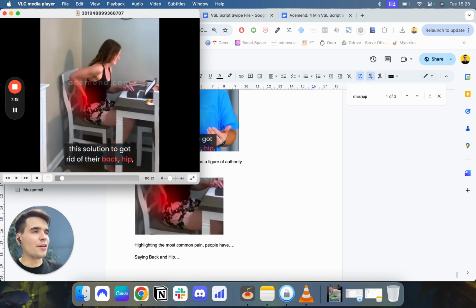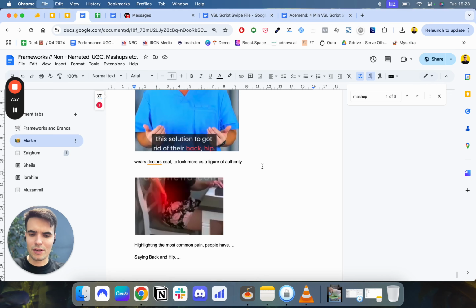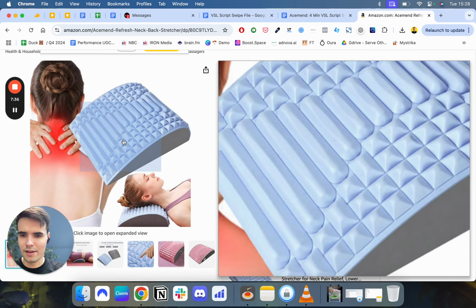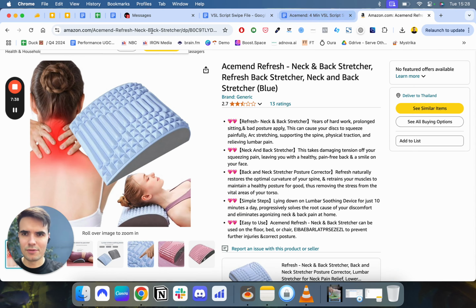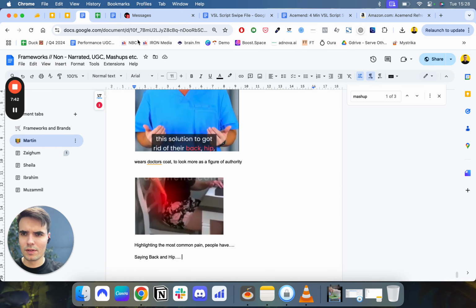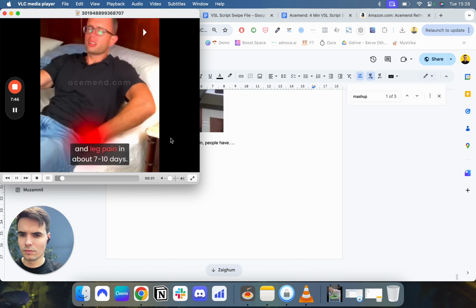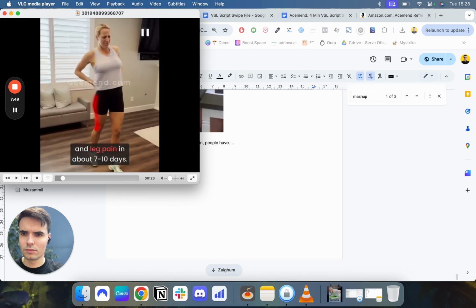And the product is kind of a pillow that you put yourself onto and then you stretch yourself out. Let me check. See, so this is the pillow. Yeah, $12. They probably sell it for more. So let's just continue watching. Back, hip, and leg pain in about 7 to 10 days.